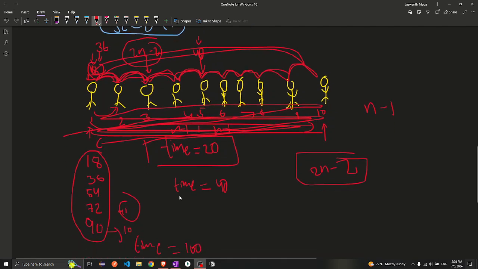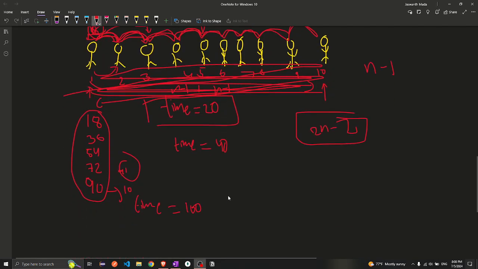So let's try to reduce the time. We know that in 2n minus 2 steps we are going to the end and coming back, right? So I'll mod this with 2n minus 2. How does this formula work?